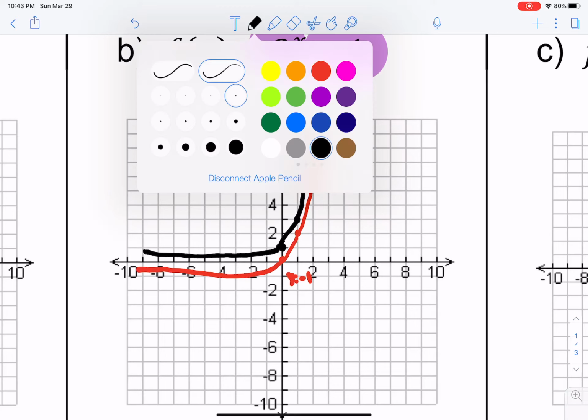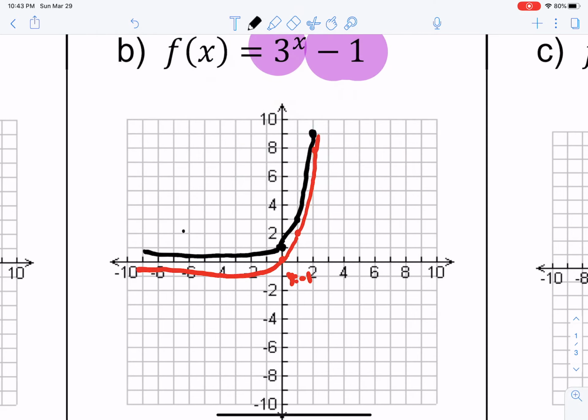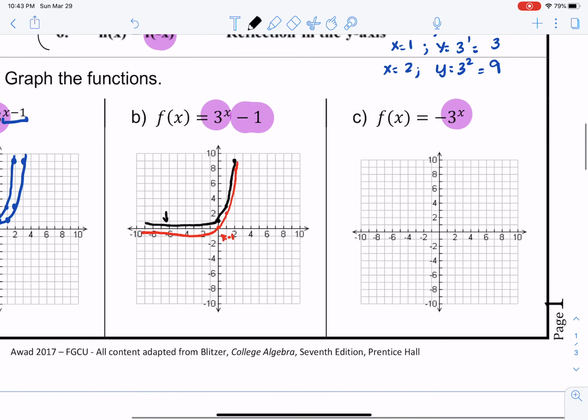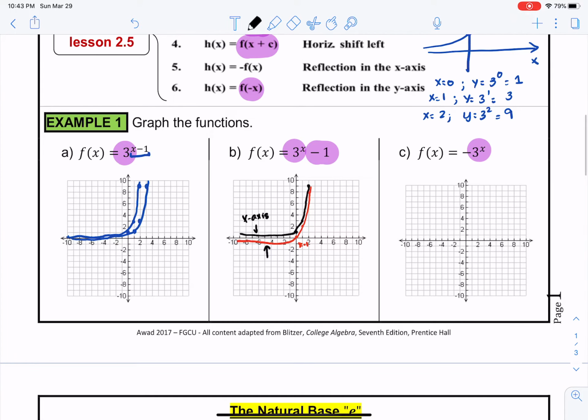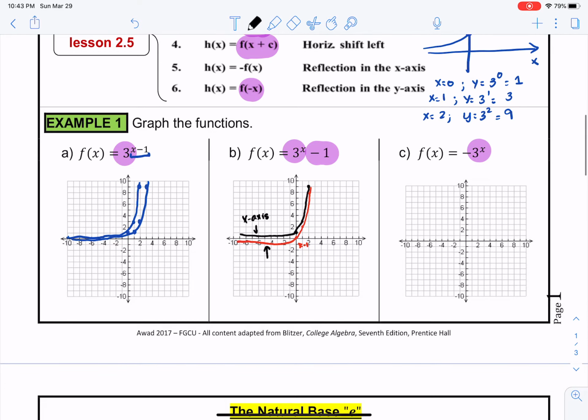The black line here is going along the x-axis, so the asymptote is the x-axis, and the red one, it's shifting down by 1, so it would become y equals -1. The reason being x-axis is y equals 0, and if we subtract 1 from y equals 0, it is going to bring it down to y equals -1.